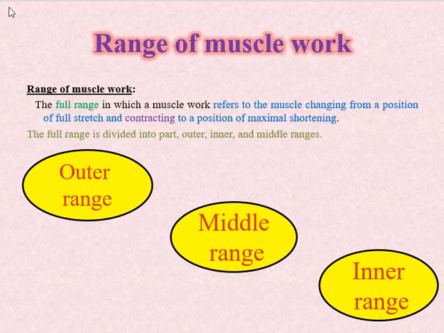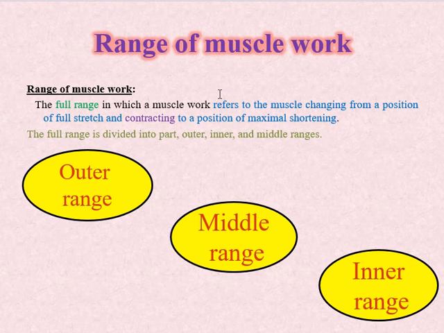Now look at the range of muscle work. What is full range? Full range muscle work refers to a muscle changing from a position of full stretch and contracting to a position of maximum shortening.